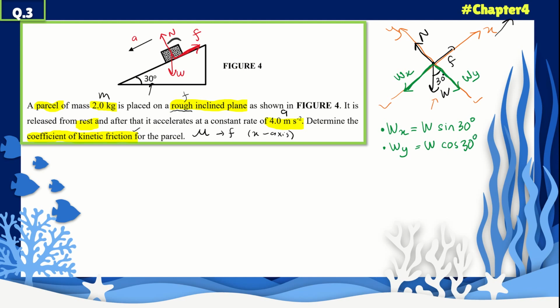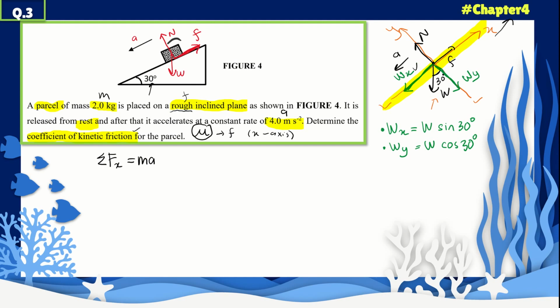Next we want to get the value of mu. So we are using the equation for summation of F x-axis is equal to ma. So what do we have in x-axis? If we refer to this diagram, we have friction and Wx, and this is our direction of motion.